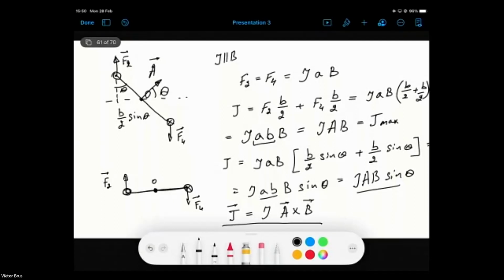The way we determine the orientation of this vector A, we can see in this figure. Now I will share my screen with you.